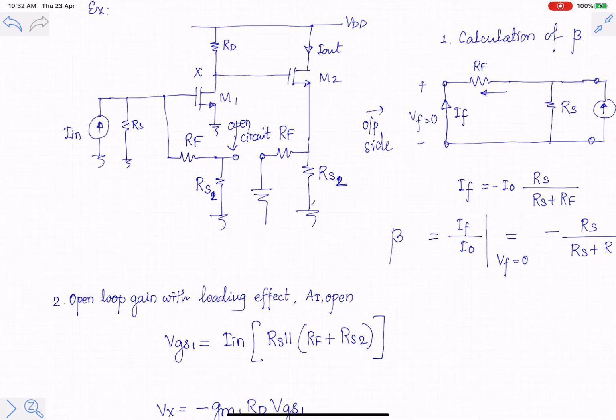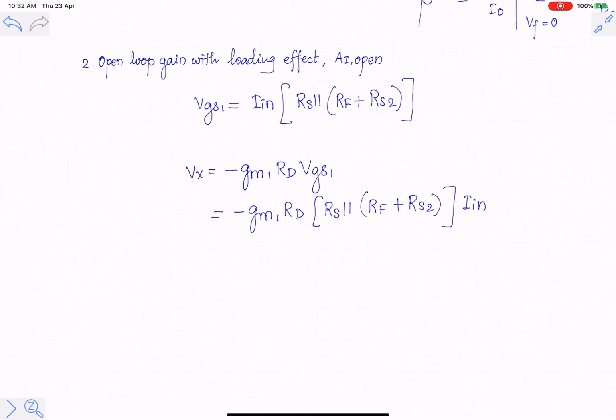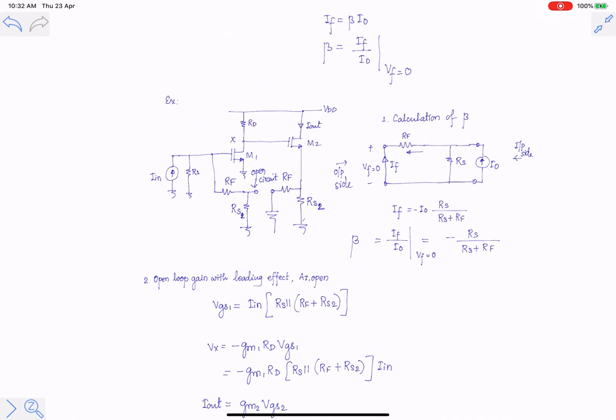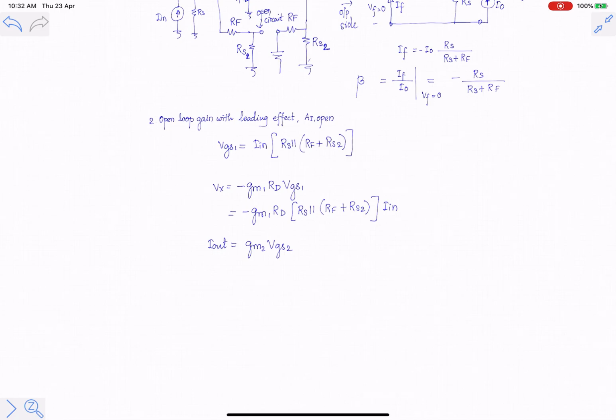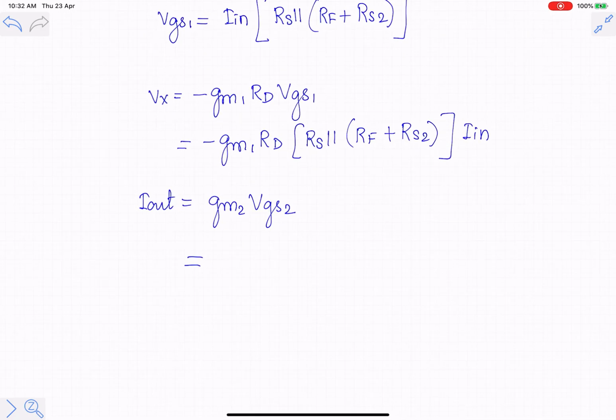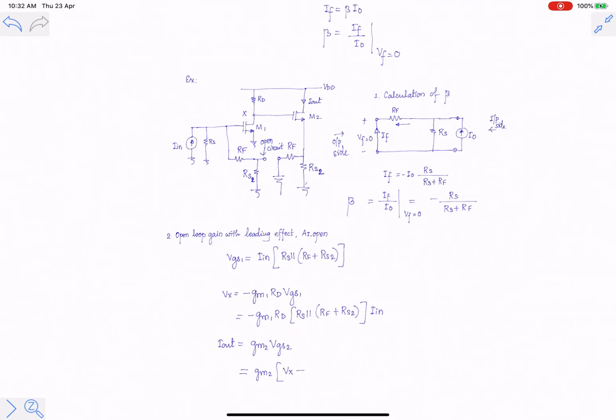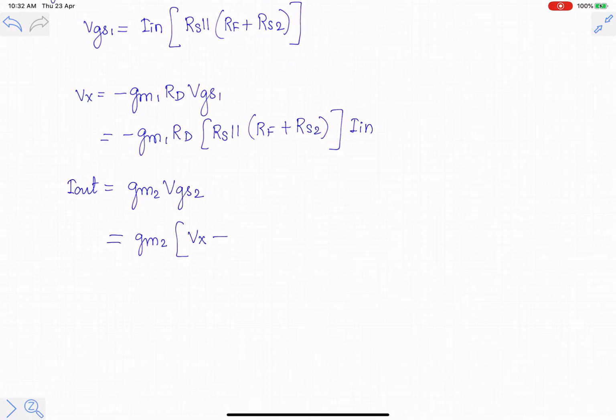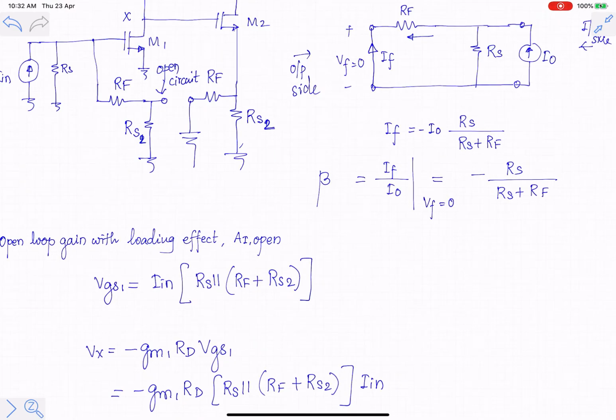And IOUT can be written as GM2 into VGS2. So it is equal to GM2 times VGS2, where VGS2 is Vx minus IOUT multiplied by RS2 parallel RF.